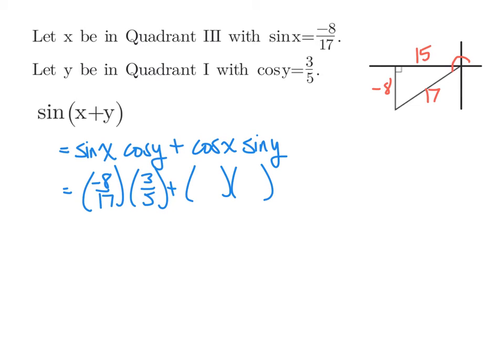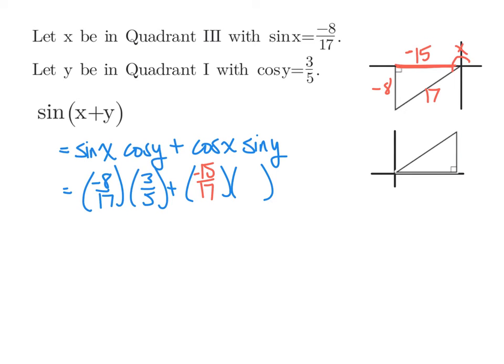Now pay close attention because we're talking about a third quadrant angle, which means this side is a distance to the left of the origin, which means its value is actually negative 15. So when we're trying to find the cosine of x, it's not going to be 15 over 17, but negative 15 over 17.